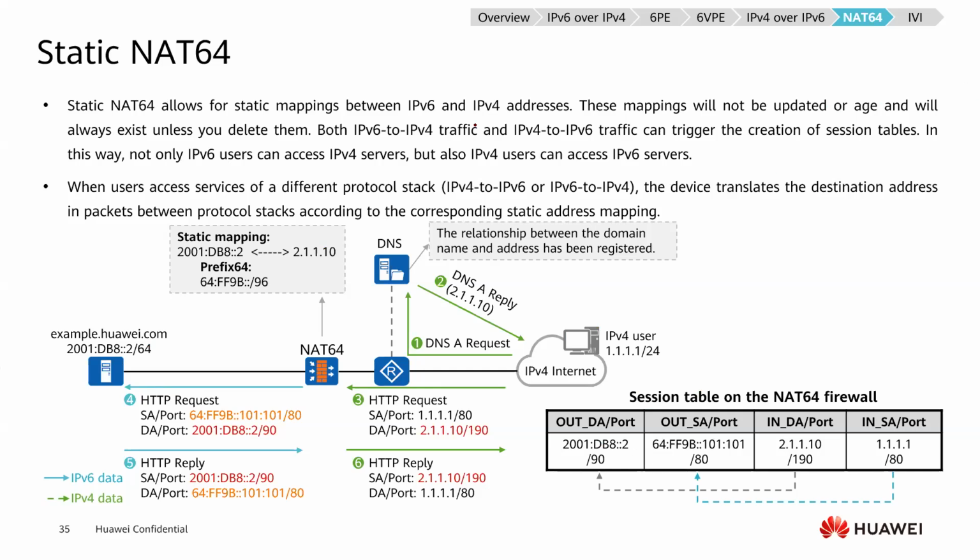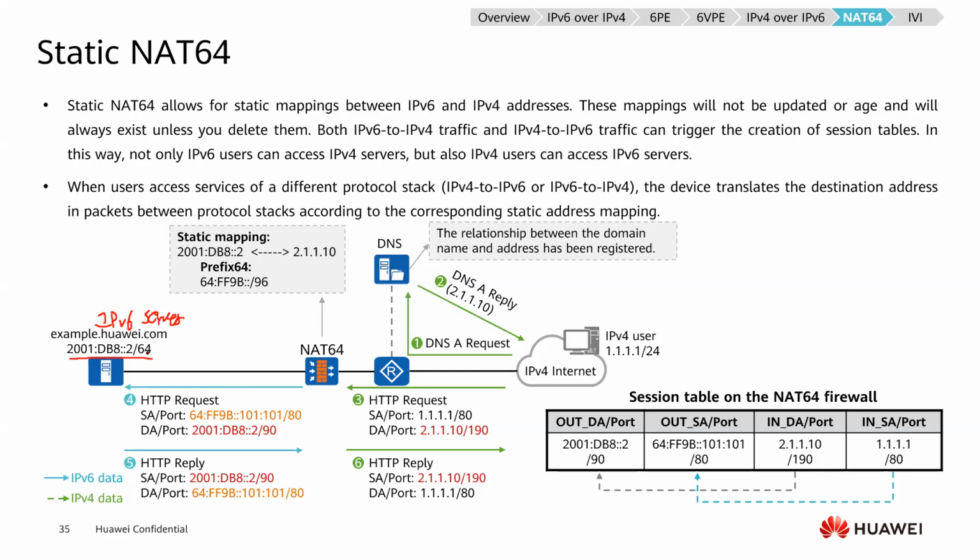Another example is for the static NAT64. This is the scenario. You can find that there is an IPv6 server in our internet, with the domain example.huawei.com and an IPv6 address like this.